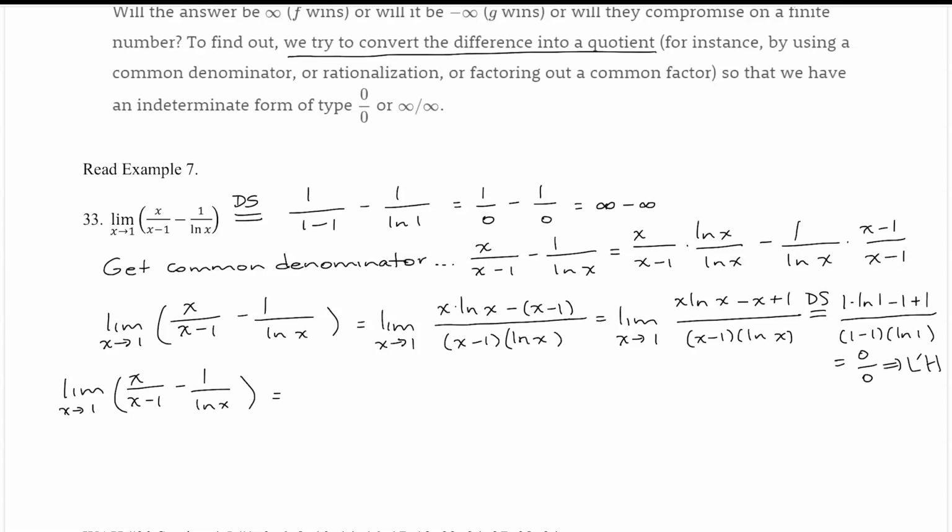So now I'm going to take the limit as x approaches 1. I'm going to rewrite the original limit that I had, but then I'm going to say that's equivalent to the limit with the common denominator, the limit as x approaches 1 of x ln x minus x plus 1 over x minus 1 times ln x.